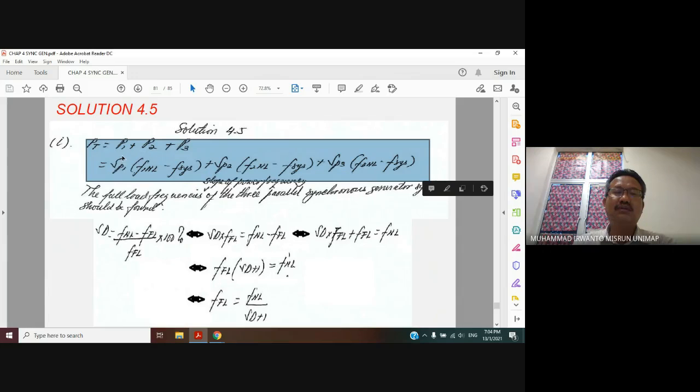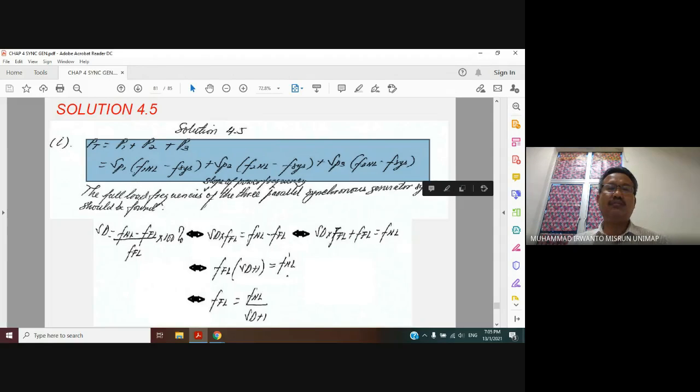So, SP1 multiplied by the no load frequency for generator 1 minus the system frequency, plus SP2, the slope of the power frequency for generator 2, multiplied by the no load frequency for generator 2 minus the system frequency, plus the slope of power frequency for generator 3 multiplied by the no load frequency for generator 3 minus the system frequency.